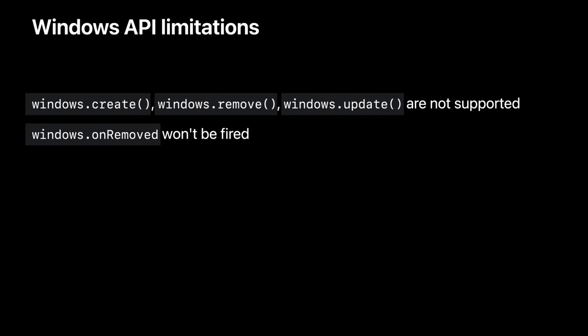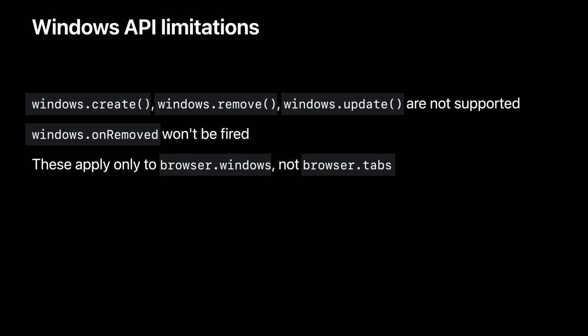That doesn't truly close or remove a window. It just leaves it for the user to pick up where they left off later. And note that these restrictions only apply to the windows themselves, and not the tabs within those windows. With the browser.tabs API, web extensions still have full control to add, remove, and update individual tabs as they'd like.